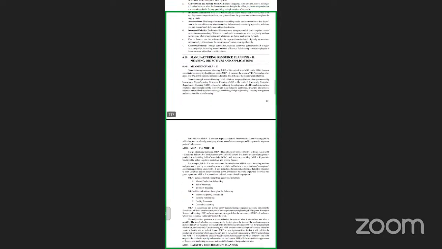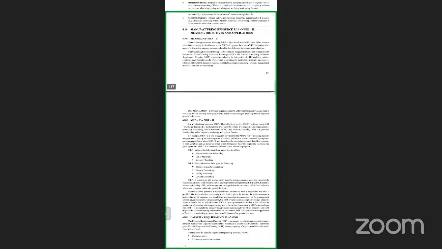Next one is manufacturing resource planning. That was material requirement planning; this is resource planning.